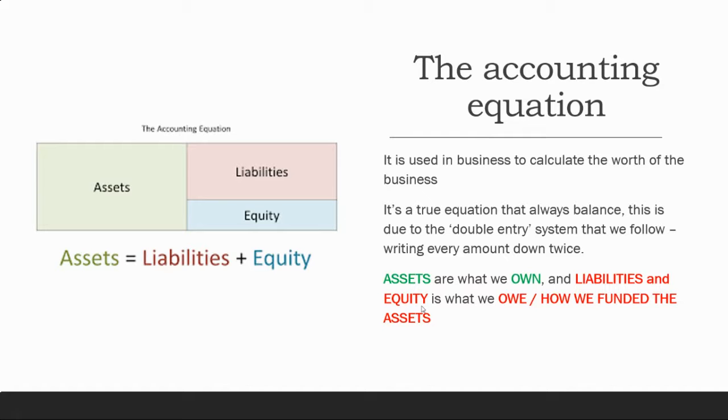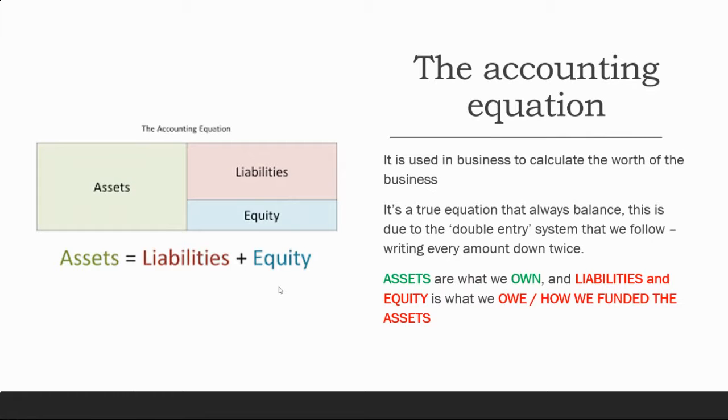money into our business. Now, for an accounting equation to work, the left-hand side, which is your debit side, always needs to equal what is on your credit side. Now, the equation we've got here on the screen is assets equals your liabilities plus equity.